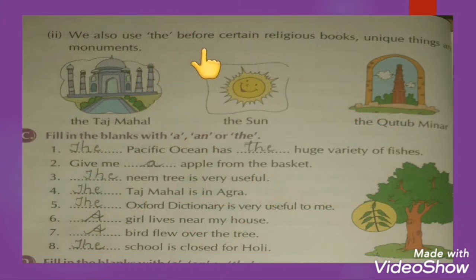We also use the before certain religious books, unique things and monuments like the Taj Mahal, the Sun, the Qutub Minar. Fill in the brackets with a, an or the. Here we have to fill the brackets with a, an or the by saying the sentence. So students, please try by your own.